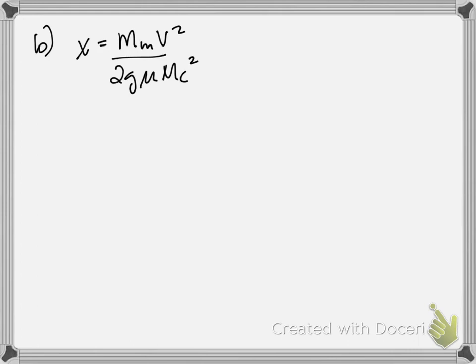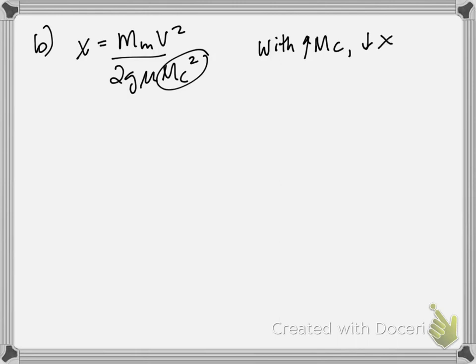We said that x would be lower with a heavier cannon. So what happens to this formula? If the mass of the cannon increases, then the denominator increases and the entire fraction decreases. So this does say with increasing mass of the cannon, we get a decreasing x.